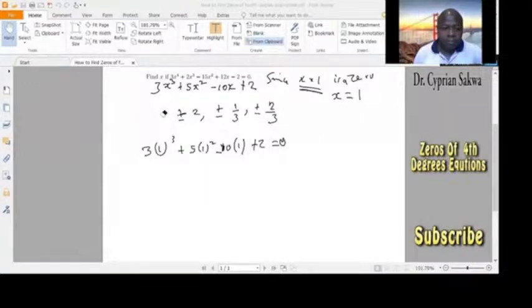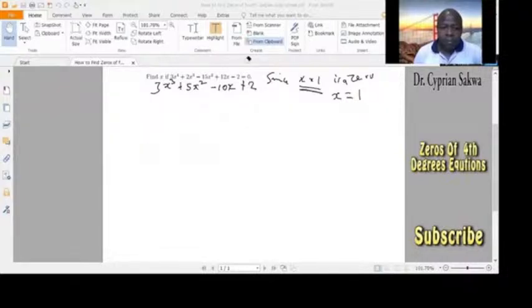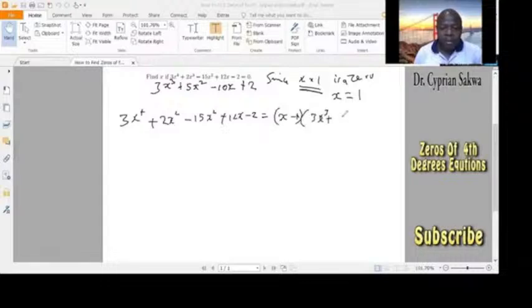So we want to factorize this one. Let me just show you what we have so far. What we have so far is that 3x raised to 4 plus 2x squared minus 15x squared plus 12x minus 2 is the same as x minus 1 multiplied by 3x cubed plus 5x squared minus 10x plus 2.